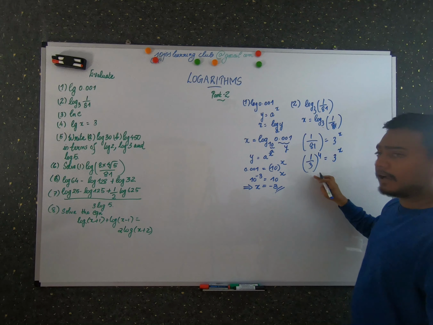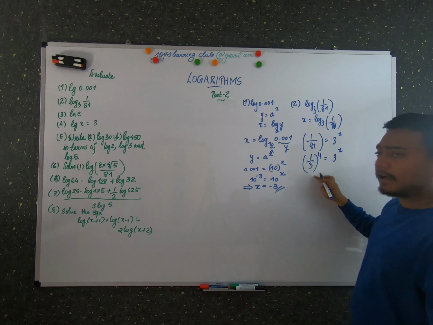Okay, the next problem is ln of e. See that abbreviation, ln. What is it used for? It is used for natural logarithms, or hyperbolic logarithms, or Napierian logarithms. Now the same formula comes here. x is equal to log to the base e of e, right?